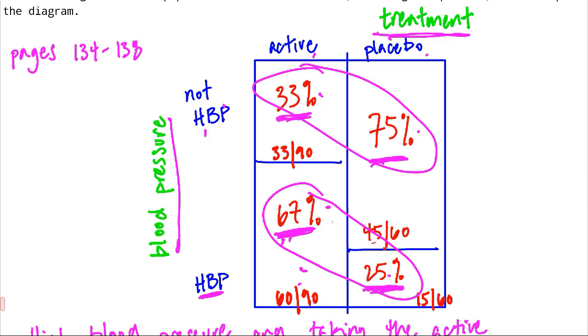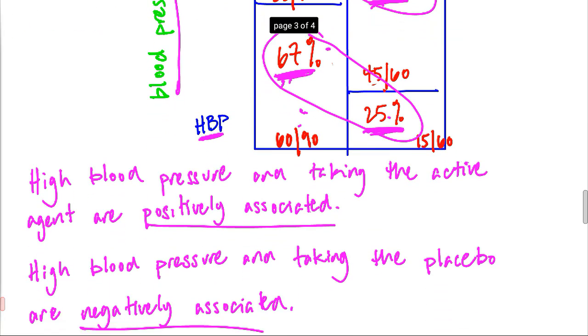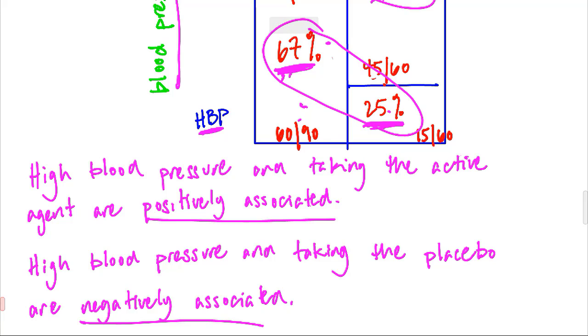Okay, then the last thing, and this is on page 137, and there's also a good example on the top of 138 there, is the strength of these positive and negative associations. There are more complex ways of getting a value here, but this is a pretty simple one.